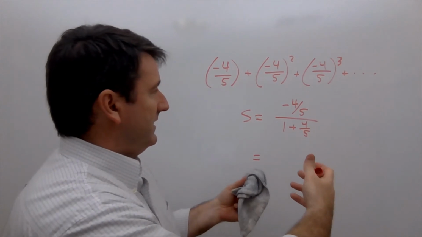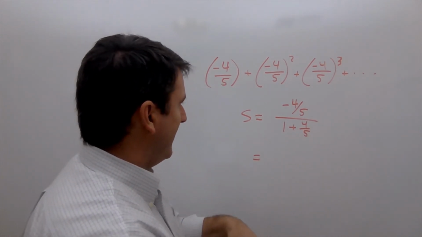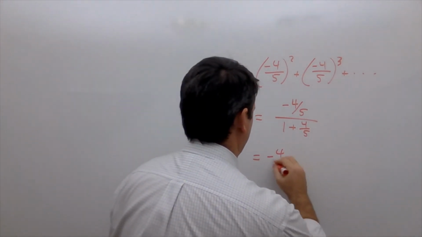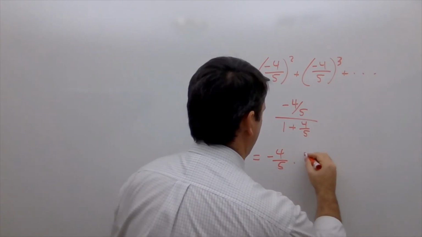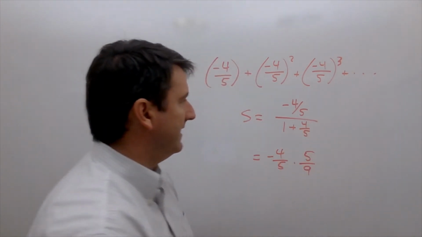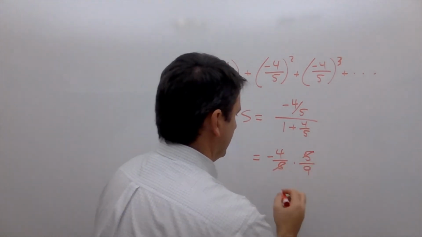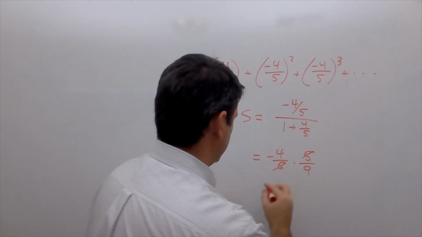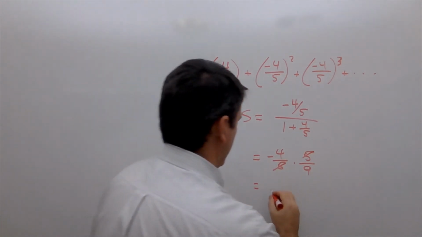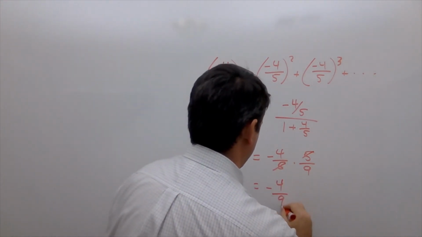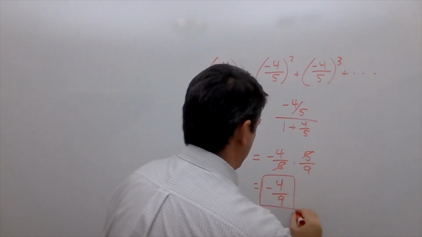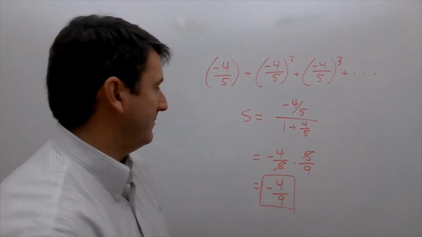So negative 4/5 divided by 9/5 is the same as negative 4/5 times 5/9. Remember that dividing is the same as multiplying by the reciprocal. And then these 5s here are going to cancel, and we're left with negative 4/9. So there's our answer to our first example, negative 4/9.